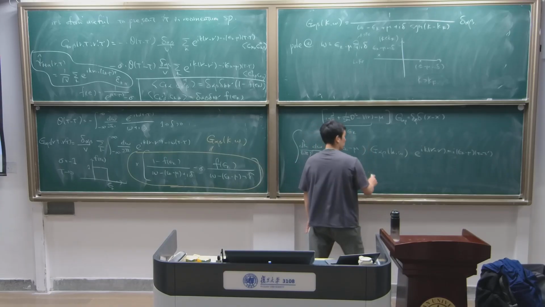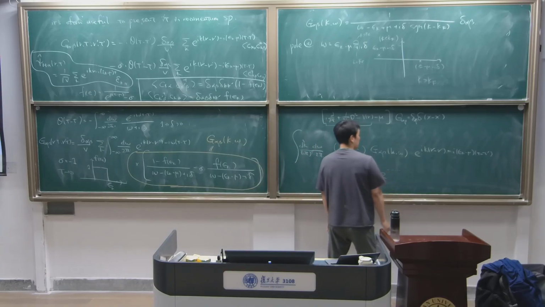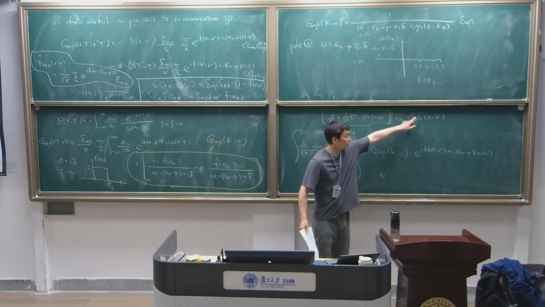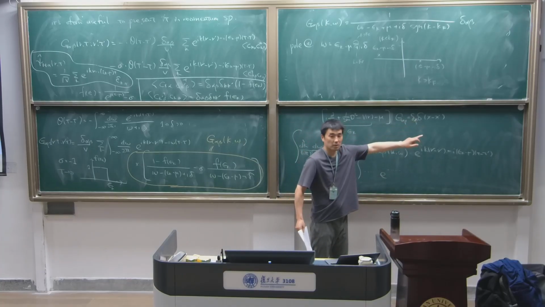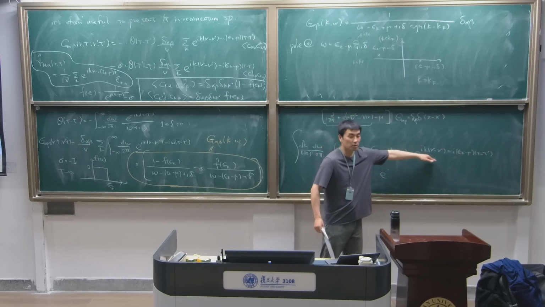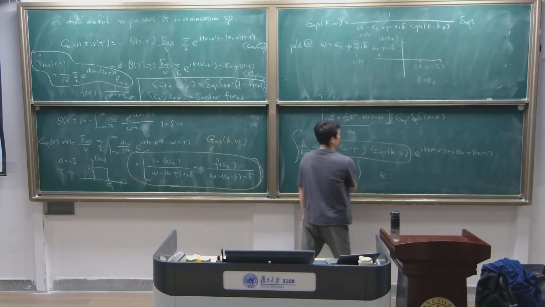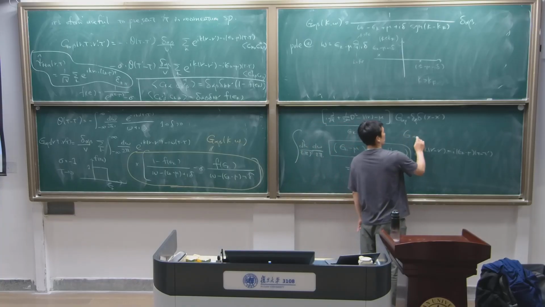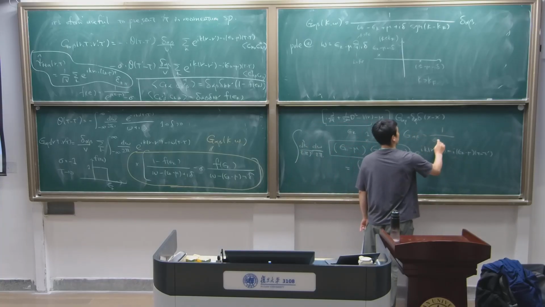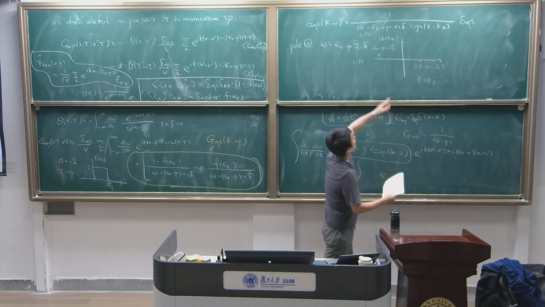So the same measure, you have an e to the blah blah blah, because it's just the delta function, right? It's just x minus x prime equal to 0. Exactly, you get this. So the momentum phase is equal to 1. Therefore, G alpha beta is essentially 1 over omega minus epsilon k plus mu.